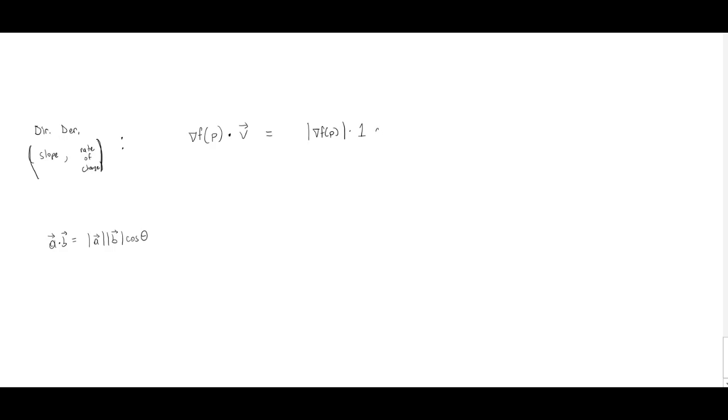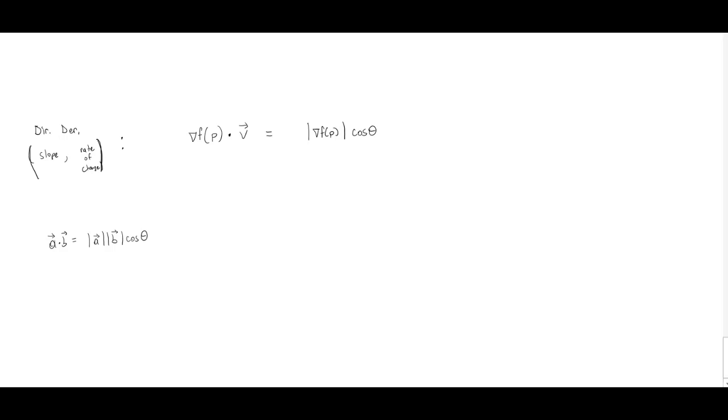And then it's times the cosine of the angle between the two of them, all right? So I'm just going to erase the times 1 now. So it's just this. Okay, so this represents the rate of change in f if we were at point P and moving in the direction of V.